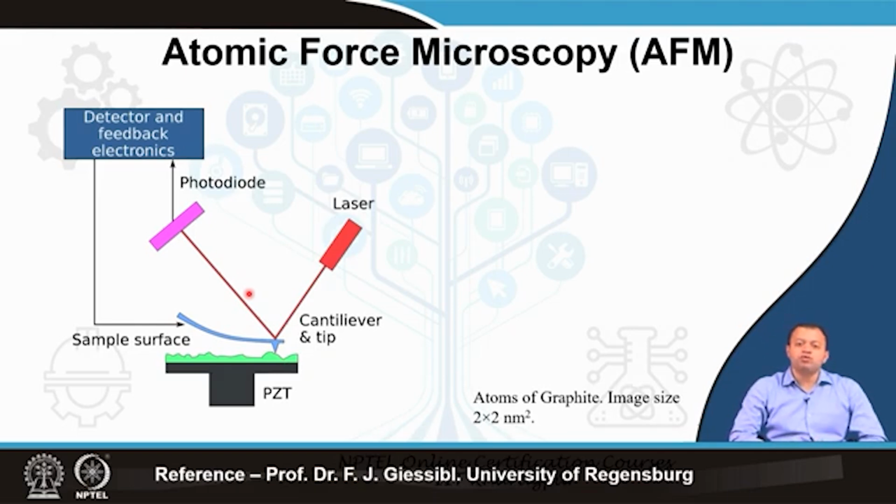Atomic force microscopy uses a very similar principle. Instead of the pencil, you have a very small cantilever, which has a very small tip, and it is made to rub on top of a sample which has its own depressions and elevations.